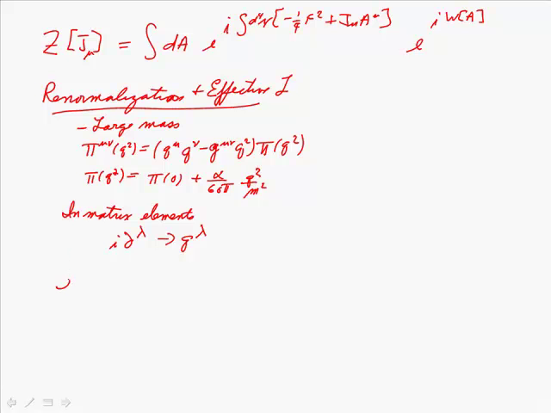So I could write e to the i W of A in the following form to get the same result. I get e to the i integral d^4x of A_mu (d^mu d^nu minus g^{mu nu} box) A_nu times Pi(0). So the constant piece reproduces that.